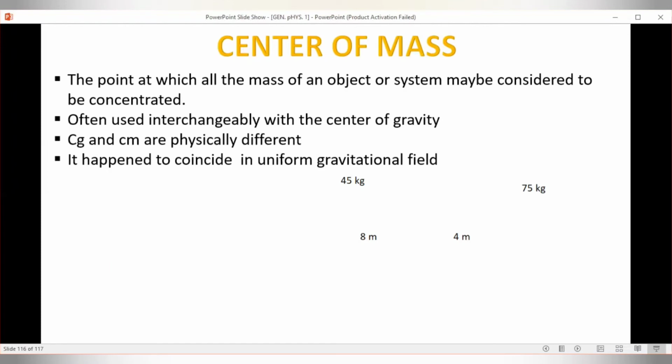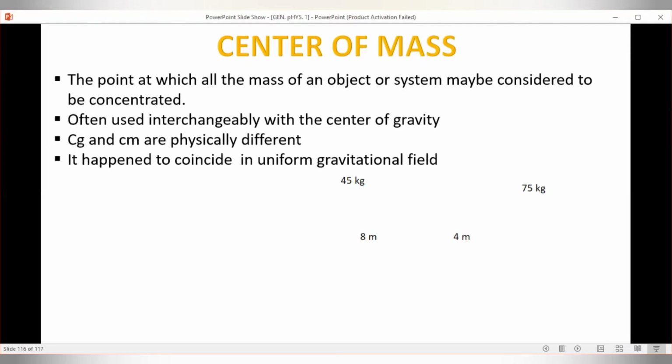But if gravity is not uniform, the center of gravity refers to the mean location of the gravitational force acting on a body. So madalas pinagpapalit si center of mass and center of gravity. Pero not all the time parehas si center of mass and center of gravity.